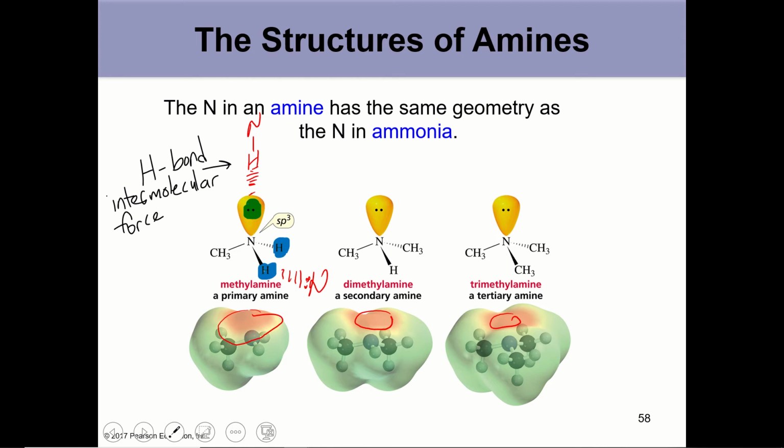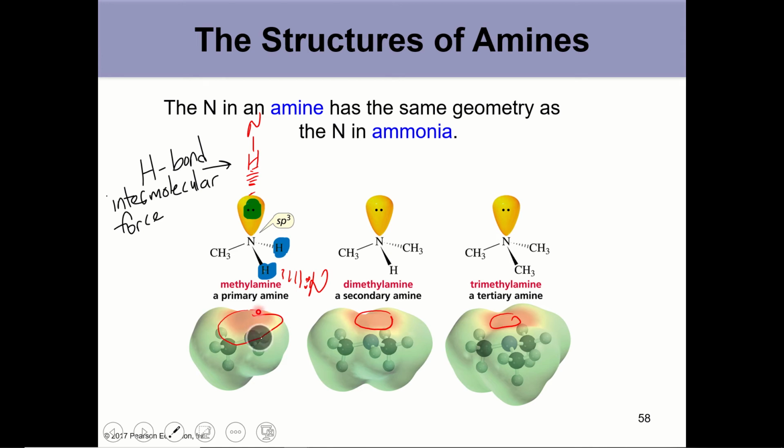Or it could also be an OH bond of one molecule interacting with an N, O, or F of another molecule. We're going to talk about hydrogen bonds in a later slide in this chapter.